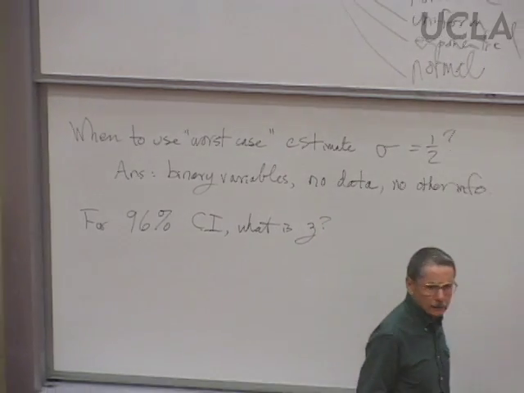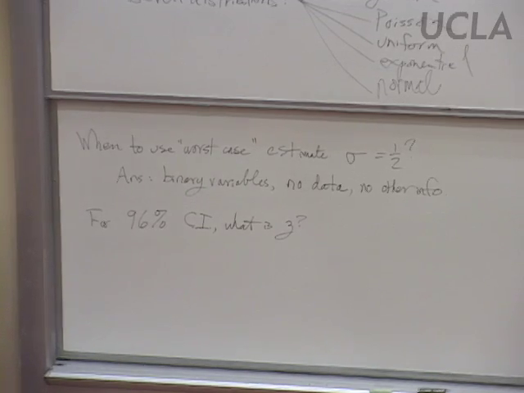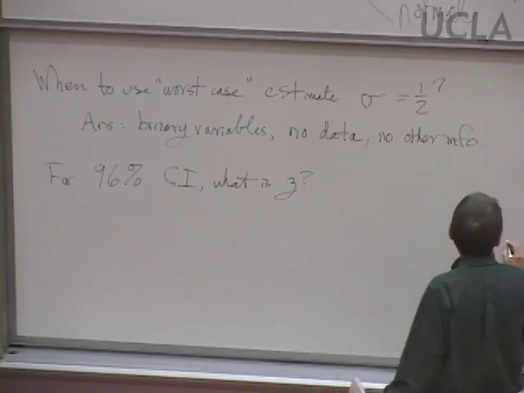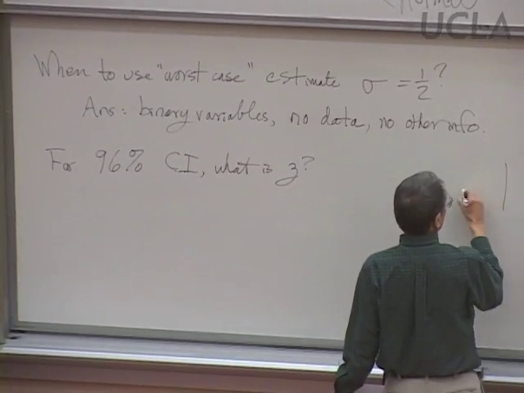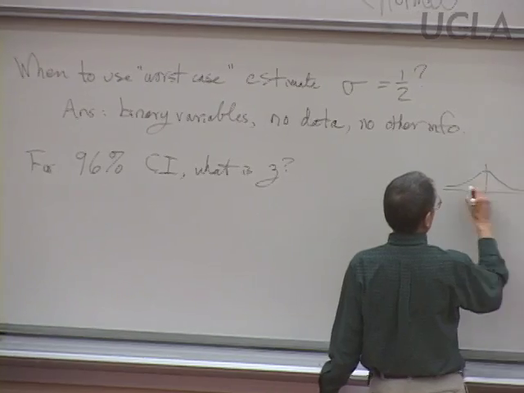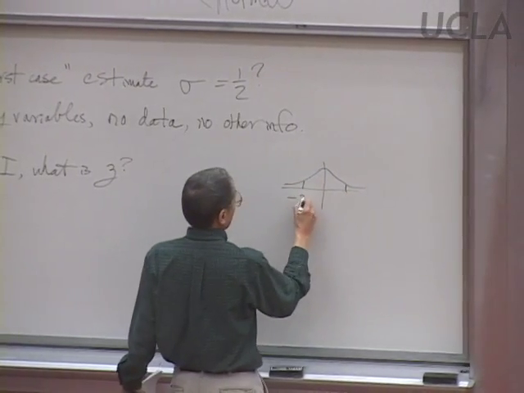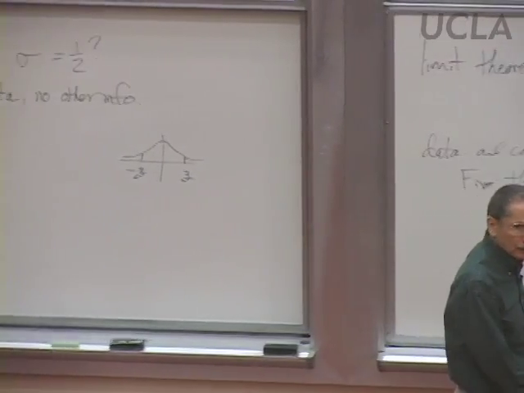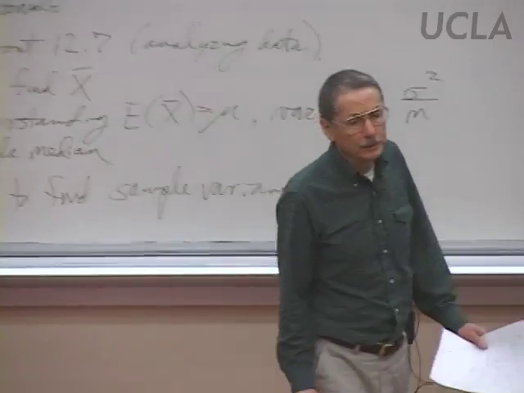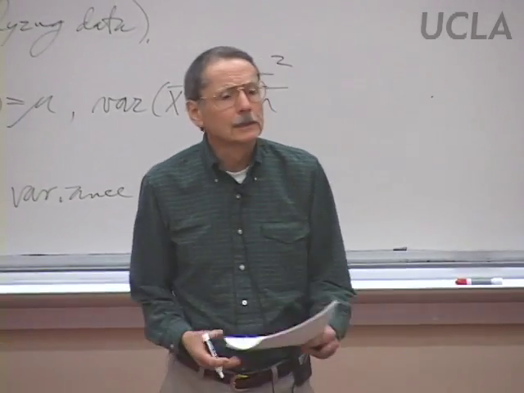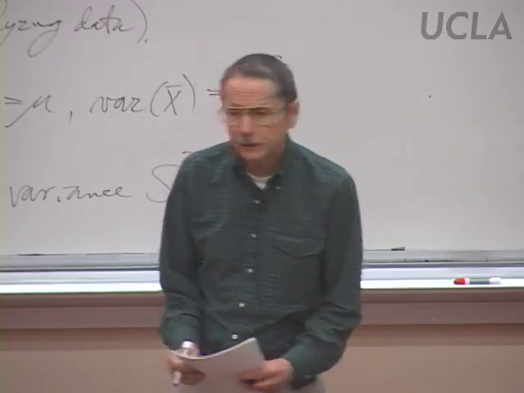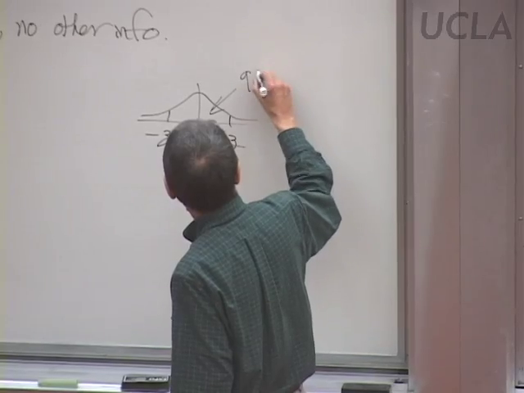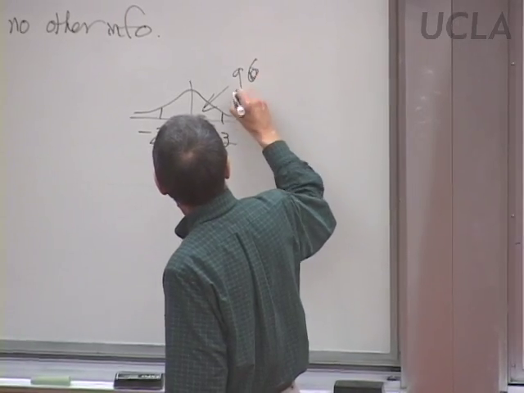That means we want a number which we usually call z, our z value, for which the probability that some random variable with a standard normal distribution in absolute value is less than or equal to z will be 96%.